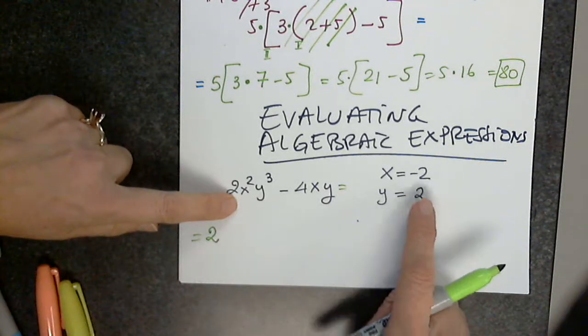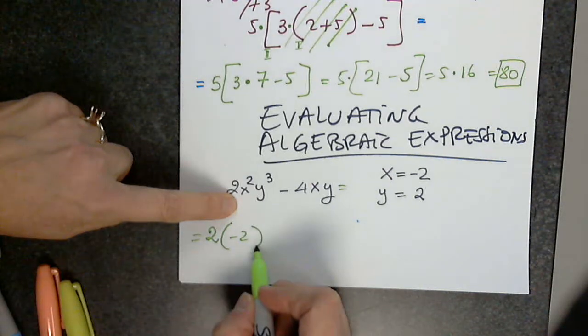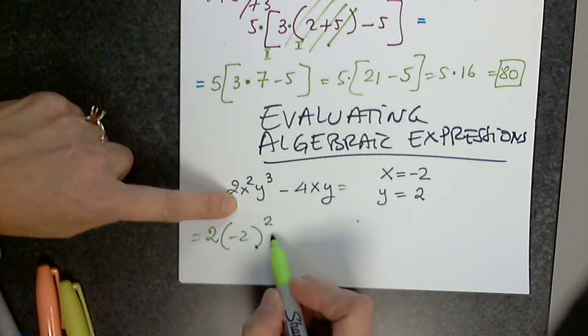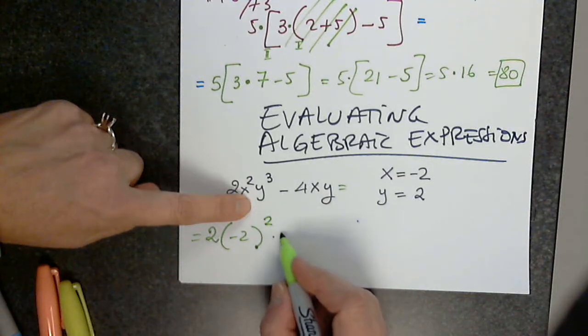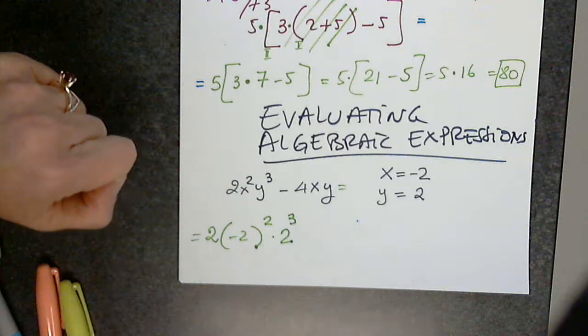I copy the 2. I have x, but x is a negative number, and that negative number has to be raised to the second power, multiplied by, I can get away with no parentheses now because 2 is positive and raised to the third power.